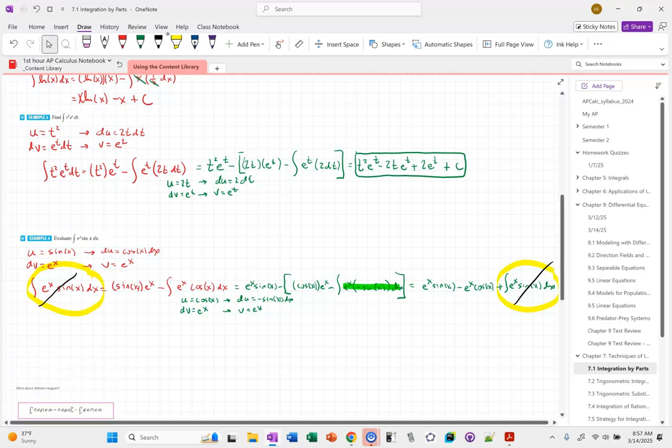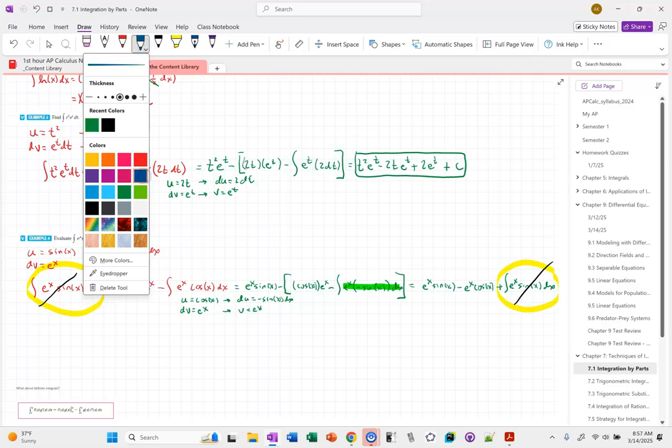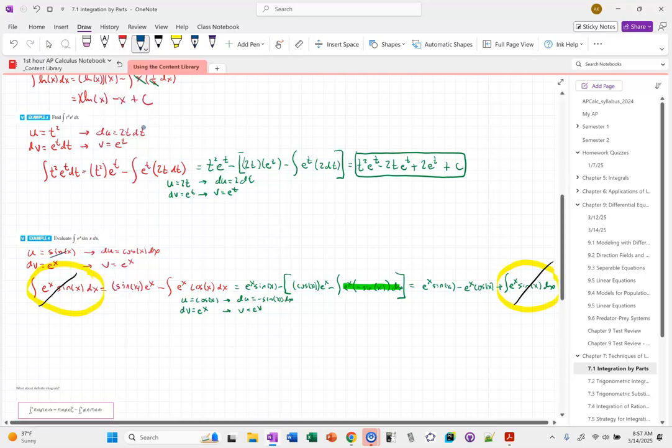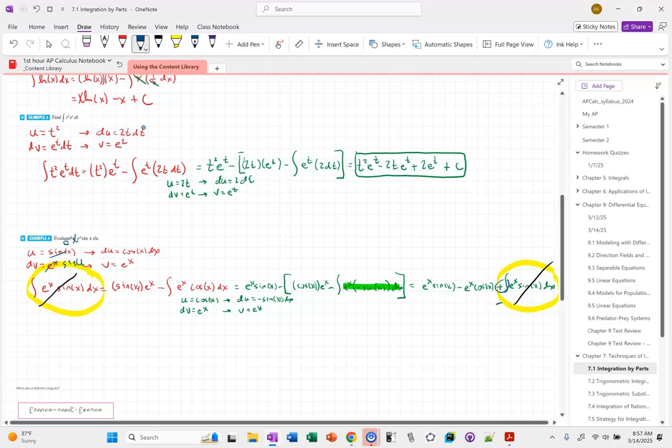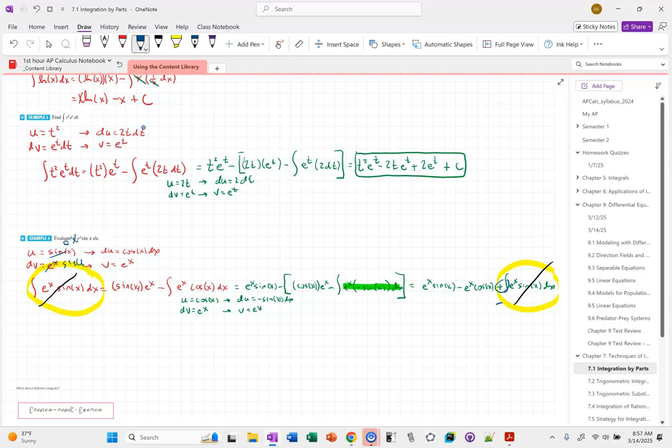What I really would have wanted to do, to me, what it looks like is if I would have done the reverse and made this e to the x and this one sine x, what would have happened is I would have had a minus here where I could add it back over to the other side and then divide by 2. And then I'd have an expression with no integral in it on the right-hand side.